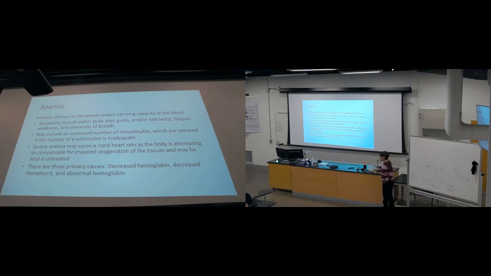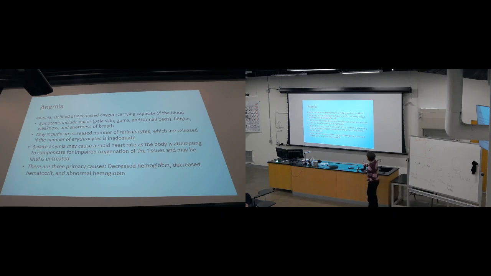Another sign is increased heart rate, because the heart may pump more rapidly in order to deliver more oxygen. And that can lead to problems later on. The person can even have poor oxygenation to certain tissues, and can even die of anemia.